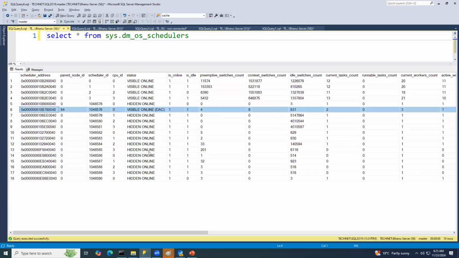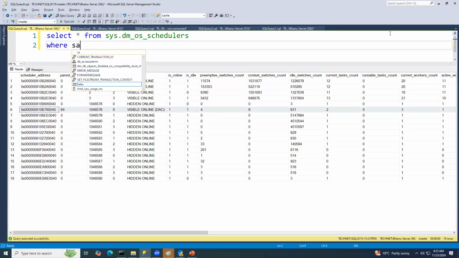So we have one more scheduler called the dedicated administrator connection.